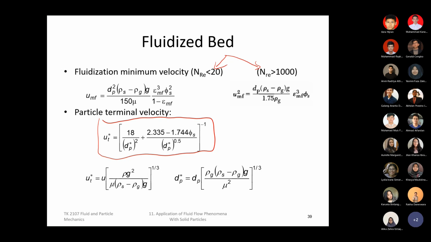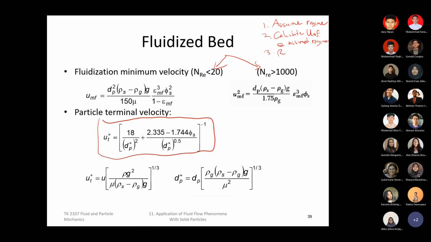Okay, so the strategy here will be very similar to when you need to calculate the terminal velocity or the drag coefficient. First, you assume the regime. You assume the regime, and then calculate UMF at the assumed regime.